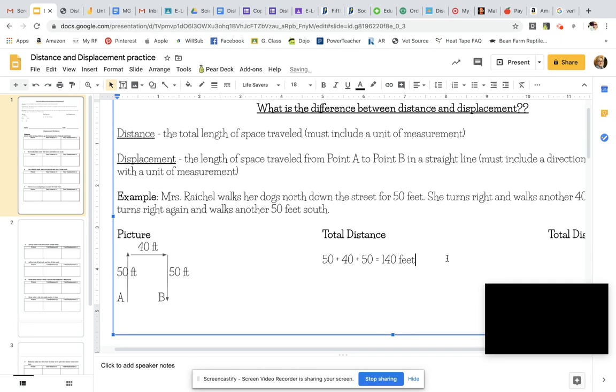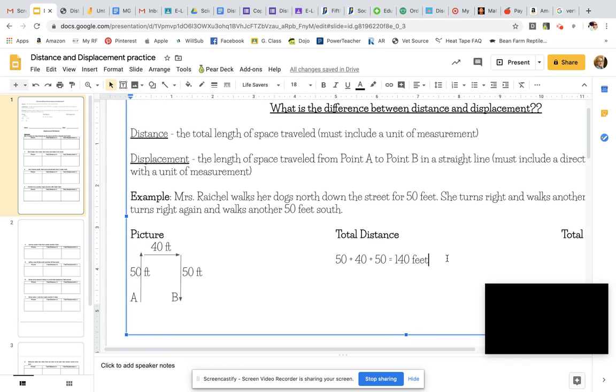But then for displacement, this is that length of space traveled from point A here to point B, but it's just the shortest possible line. And in this case, it's over space that hasn't actually been traveled. But you should be able to see that I traveled 50 feet up, but I traveled another 50 feet back, so they kind of cancel each other out.